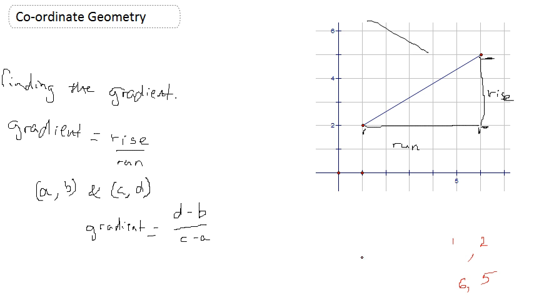So if I'm using my rule that I've just written down, my A, B, then if I'm doing my gradient, it is going to be 5, which is my D, minus 2, divided by 6 minus 1, which is going to work out to be 3/5, and that's my gradient.